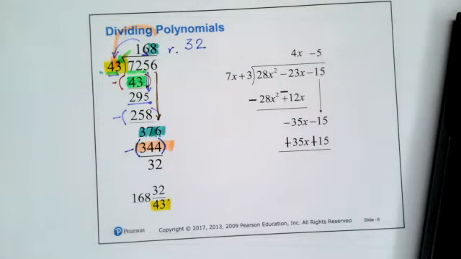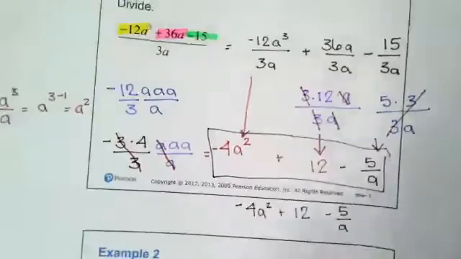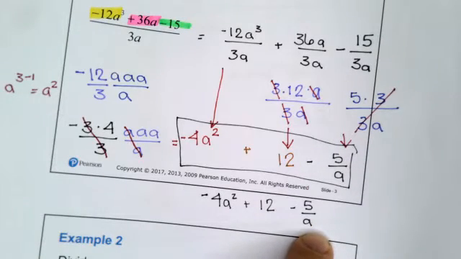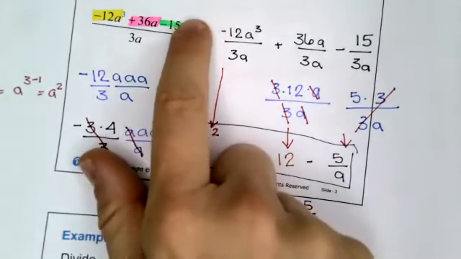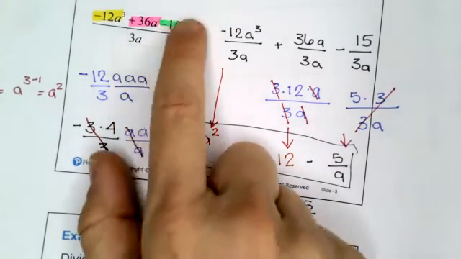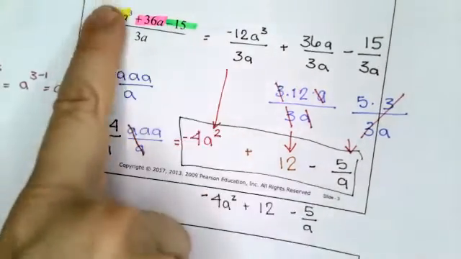Just like here, we could not cancel the A, so we left our last number over A, right? We couldn't cancel out that A because there was no A on the top, so that A is going to remain on the bottom. There's no way to cancel it out. So we can say it's negative 4A squared.